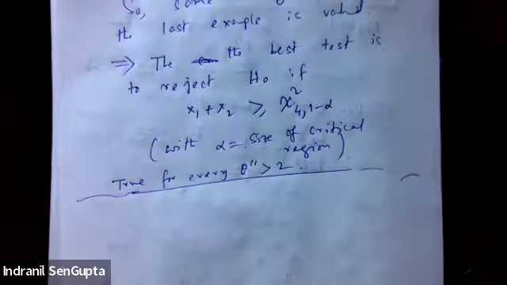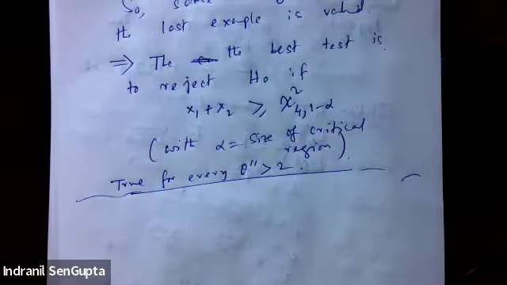Okay, so today, therefore, we learned how we can conduct the best test, and everything that we studied is really based on the Neyman-Pearson theorem. And that's a very nice theorem. What we have seen is how we can compute the best critical region, and what is meant by the best critical region.